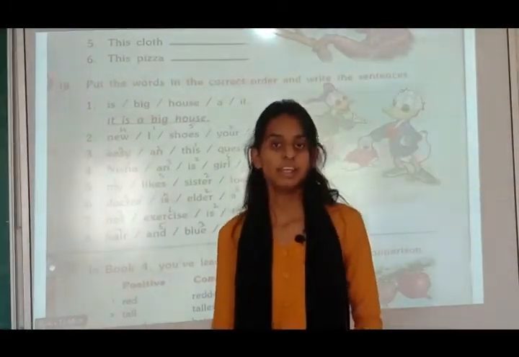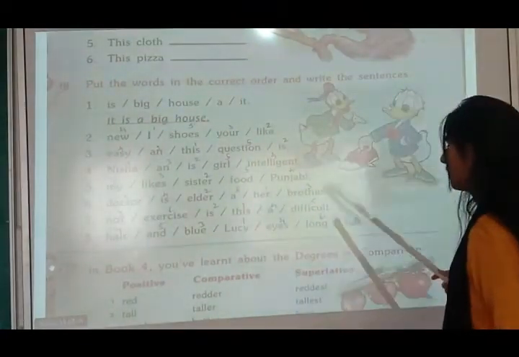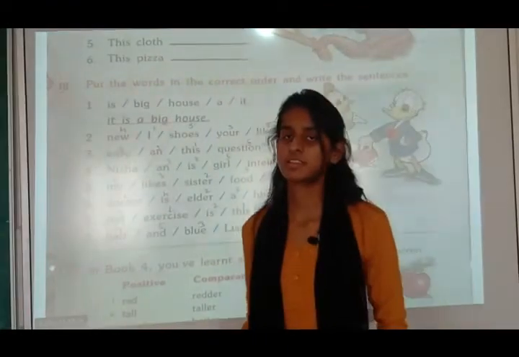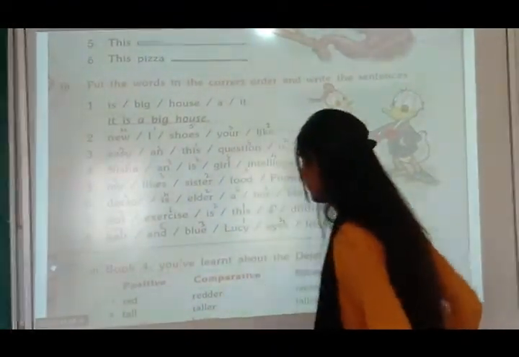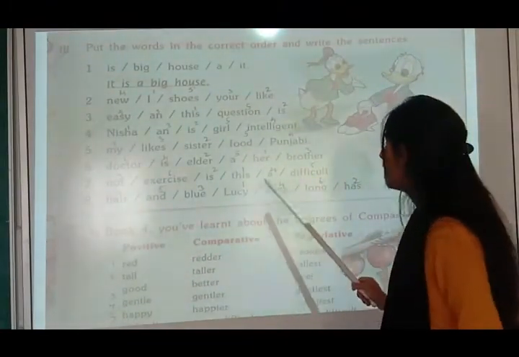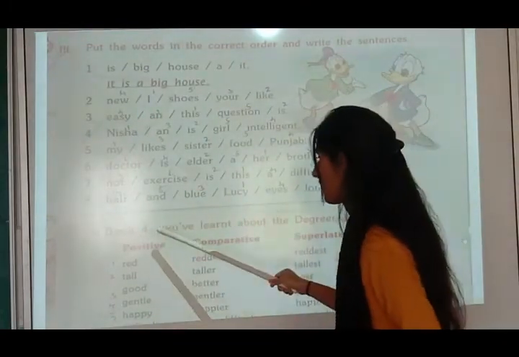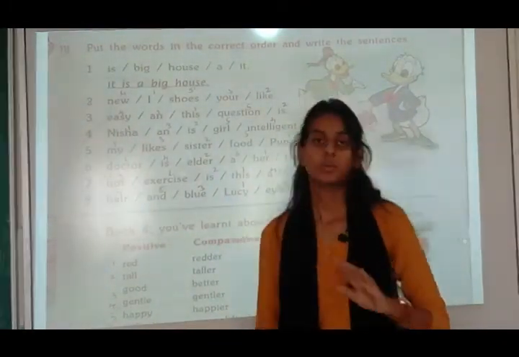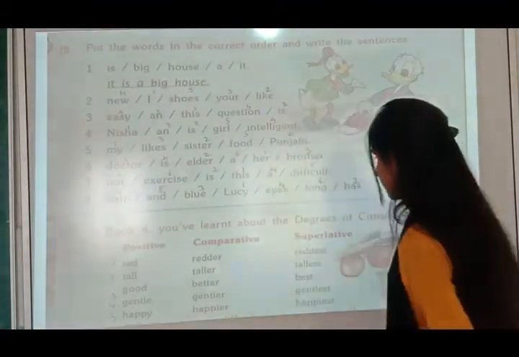Nisha is an intelligent girl. Not exercise is this difficult. This exercise is not difficult. Now hair and blue. Lucy eyes long has. Lucy has blue eyes and long hair. So you have to make them in correct order to complete a sentence.